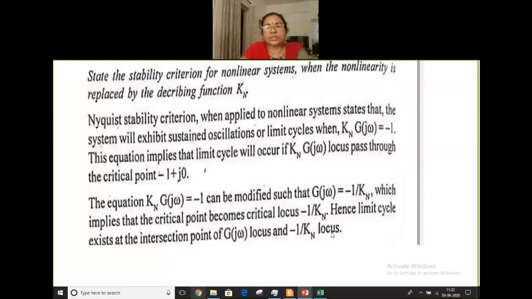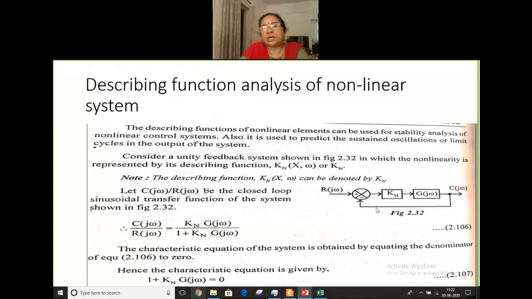I'll explain once again. You are introducing this Kn, the nonlinearity, in this unity feedback system. Replace s by j omega because describing function analysis is a frequency domain approach. You will get the characteristic equation as 1 plus Kn into G(j omega) is equal to 0.